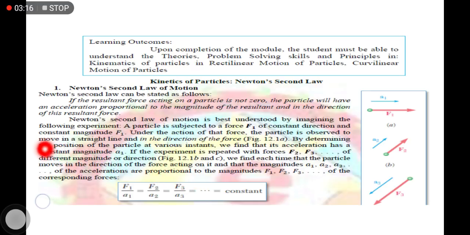If we take the ratio of force over acceleration, that would be equal to the mass of the particle. Just read about this definition here, so you can check out what I said earlier.